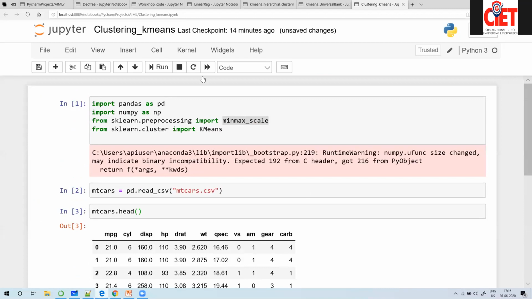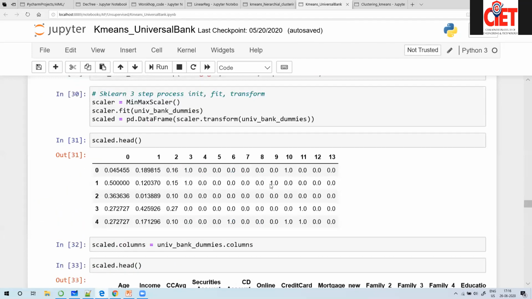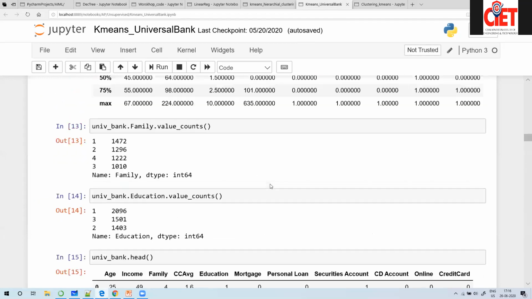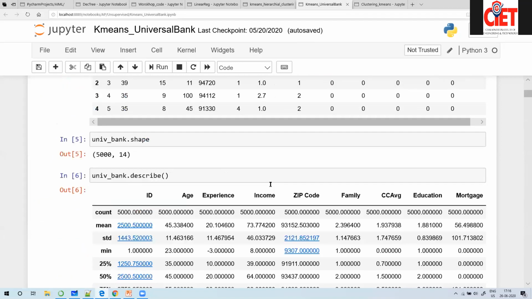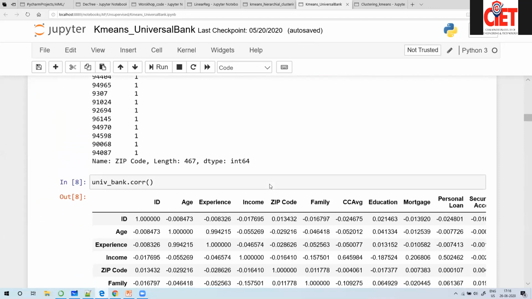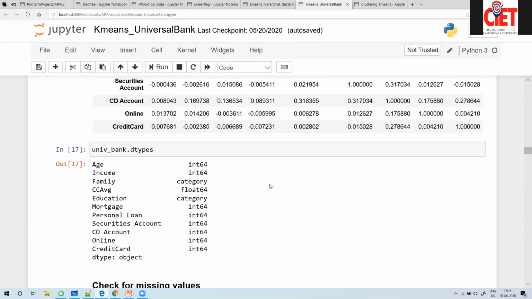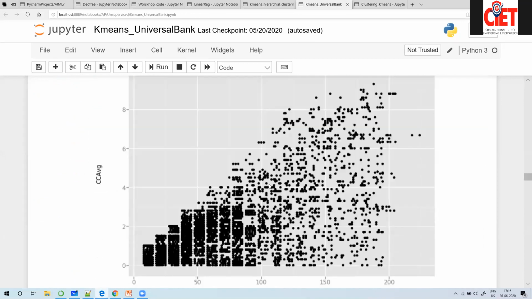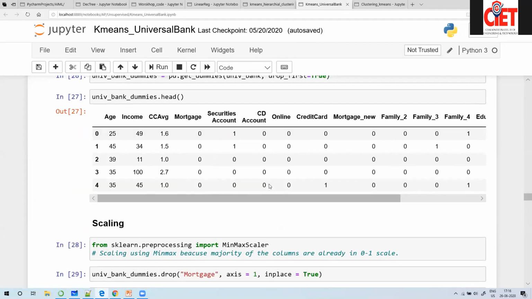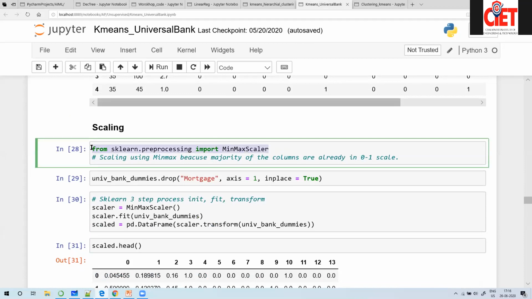I don't think this is the right one, so let me choose. There are many types of scalers. Yeah, this one is the right one.